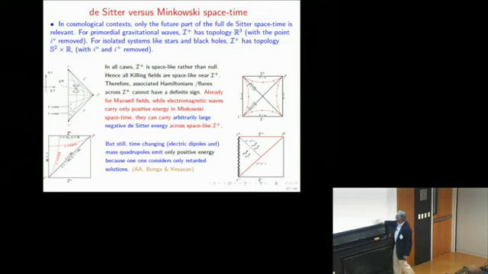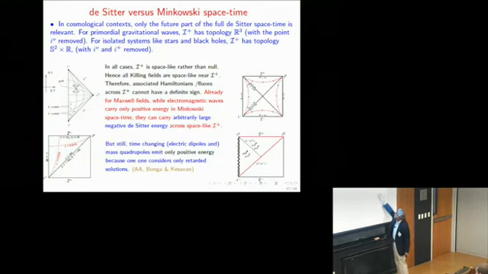But it turns out that if I had a time-changing electric dipole moment, or in the linearized theory, a time-changing quadrupole moment, then the energy that you get at scri is always positive. The reason is that we are always looking for retarded solutions, and when we are looking for retarded solutions, there is no flux coming in from here. So I can just compute the energy here. Here the Killing vector field is future-directed null, therefore the energy is actually positive, and the energy here is equal to the energy here.